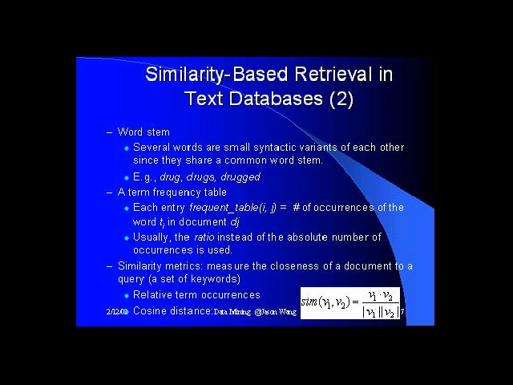Word stem. Several words are small syntactic variants of each other since they share a common word stem. For example, drug, drugs, drugged. We have to identify these word stems. And we also maintain a term frequency table in which we know how many times this keyword appears in this document and how many times it appears in that document and so on. Once we have this information, we are able to define the similarities between two documents.